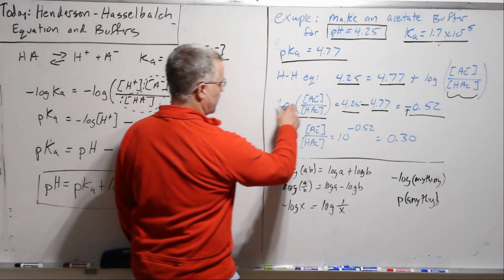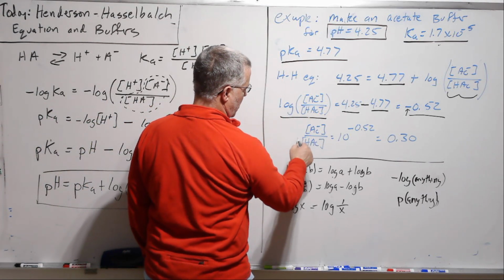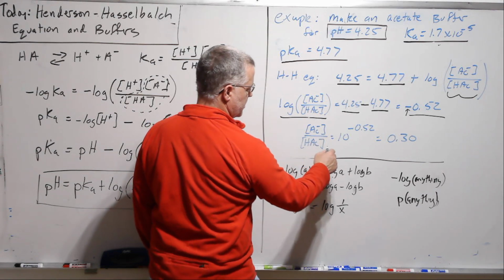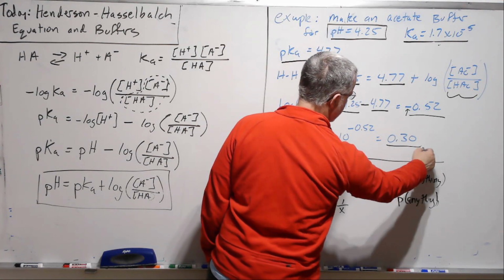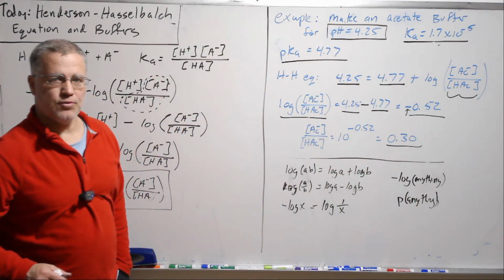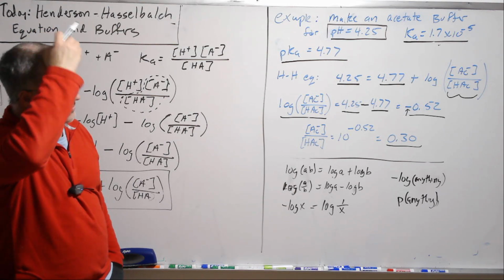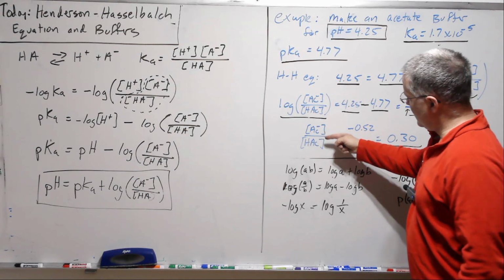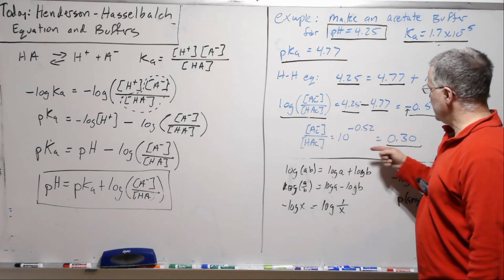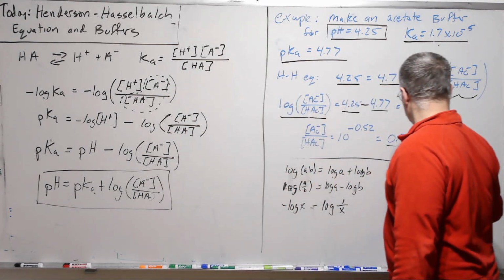So we raise 10 to it. That will undo the log. That will give us this ratio. So 10 to the minus 0.52 is 0.30. So that says that the ratio of conjugate base to acid should be 0.3 or 3/10.